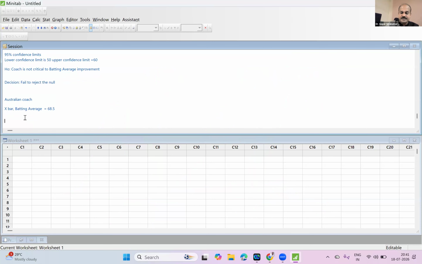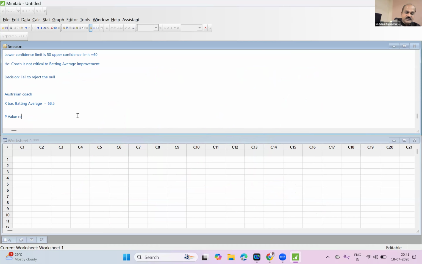I will type it here. P-value refers to the probability of observing the calculated statistic on or above the calculated value.